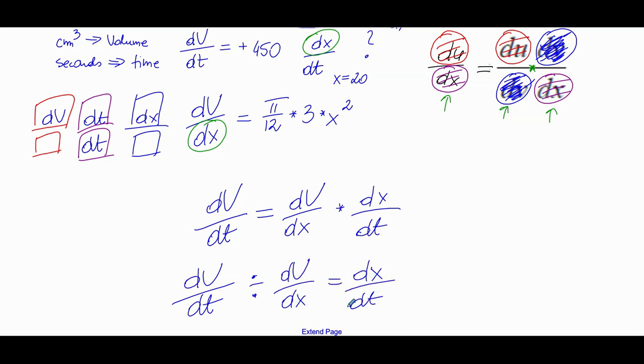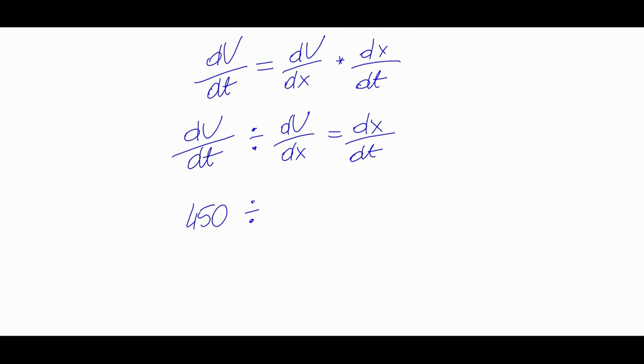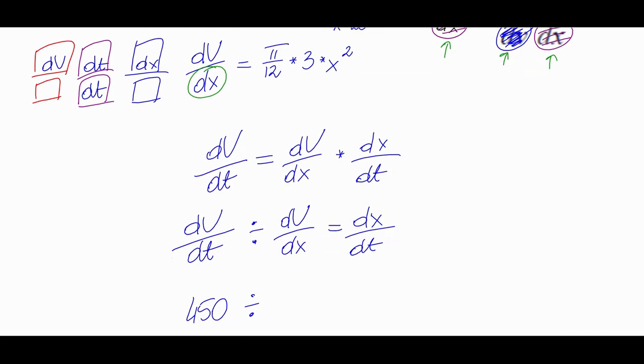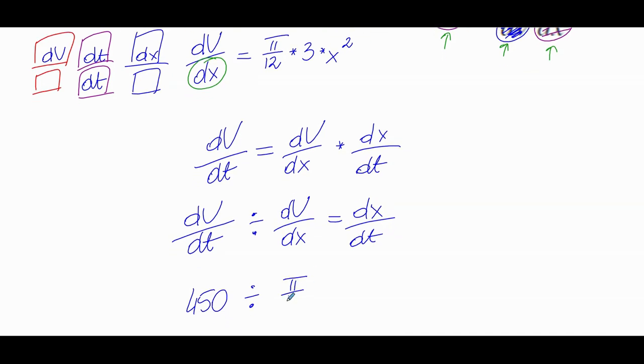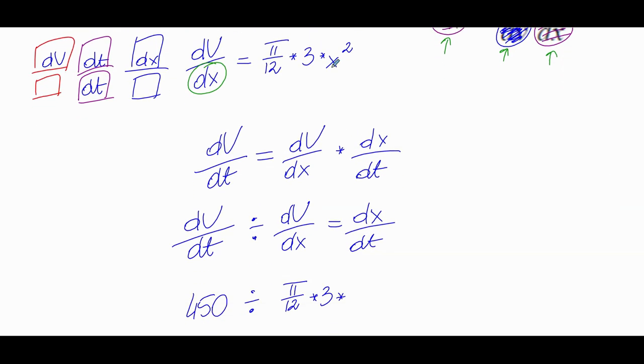And now I can replace that with numbers. So that was 450 divided by the derivative that we created: pi over 12 multiplied by 3 multiplied by x squared. And we are looking for the value of that derivative when x is 20, so we can replace that x with 20 to the power of 2.